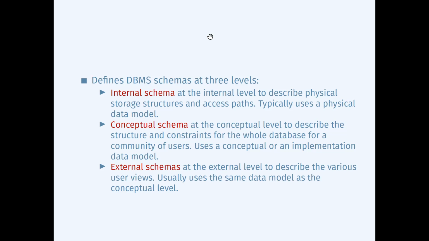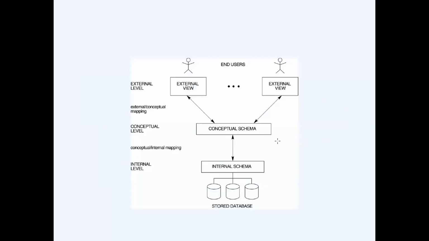So these can be in different levels, which we can represent in a diagram like this. The internal level means the storage level, how the schemas look, and then how different external views are. For example, an operational level user has one external view, and a managerial level user has a slightly different external view.